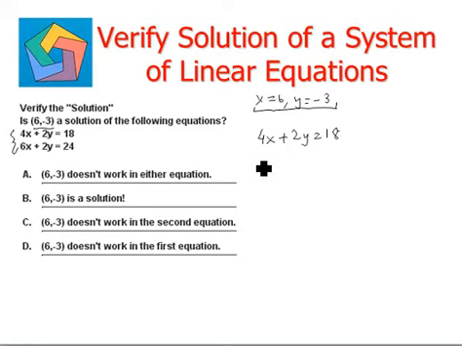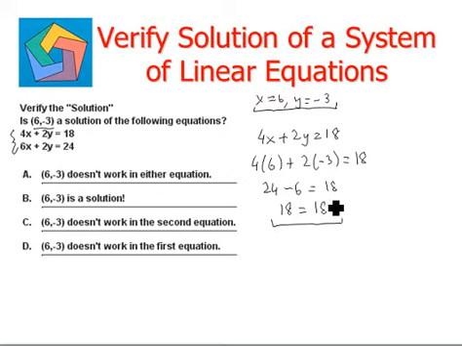We plug in x equals 6: 4 times 6 plus 2 times negative 3 equals 18. 4 times 6 is 24. 2 times negative 3 is negative 6, equals 18. 24 minus 6 is 18, so this is true. That means x equals 6 and y equals negative 3 satisfies the first equation.